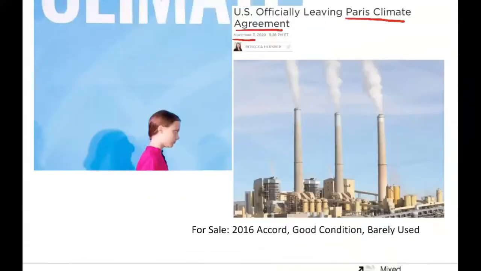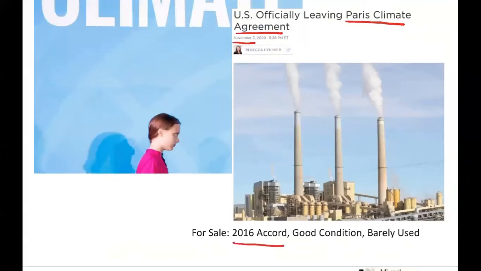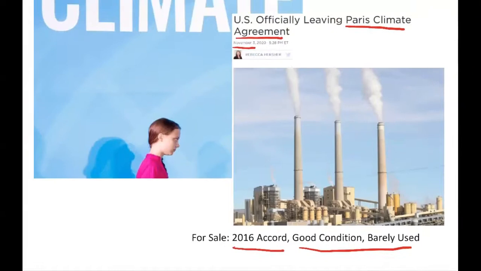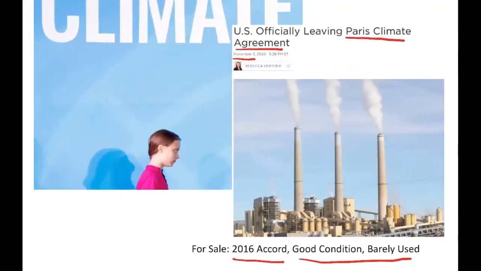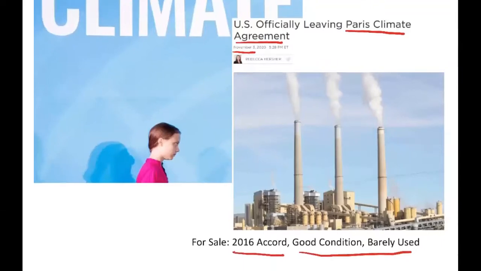They were saying, 2016 Accord, this is the Paris Accord, good condition, but we barely used it. And we're now posting it for sale. So we don't know what's going to happen in the future. I think likely the US is going to go back onto this climate issue and show leadership in the world about how we're going to tackle this severe climate problem.